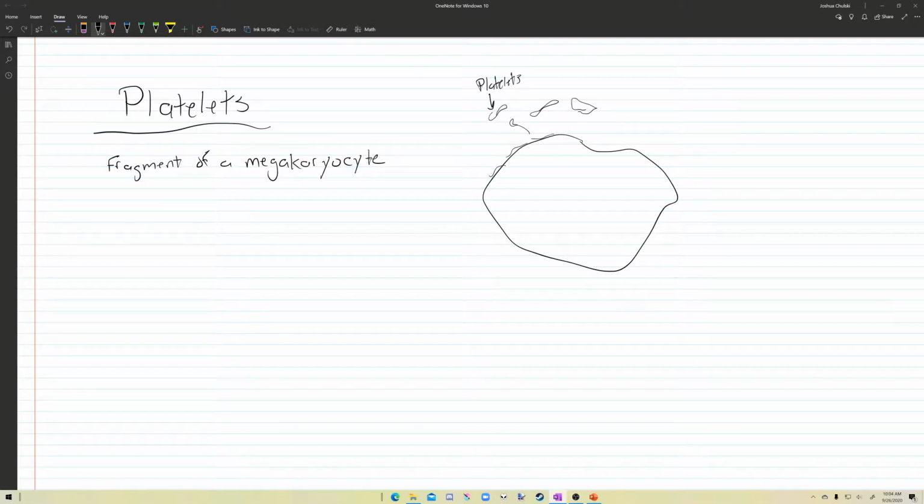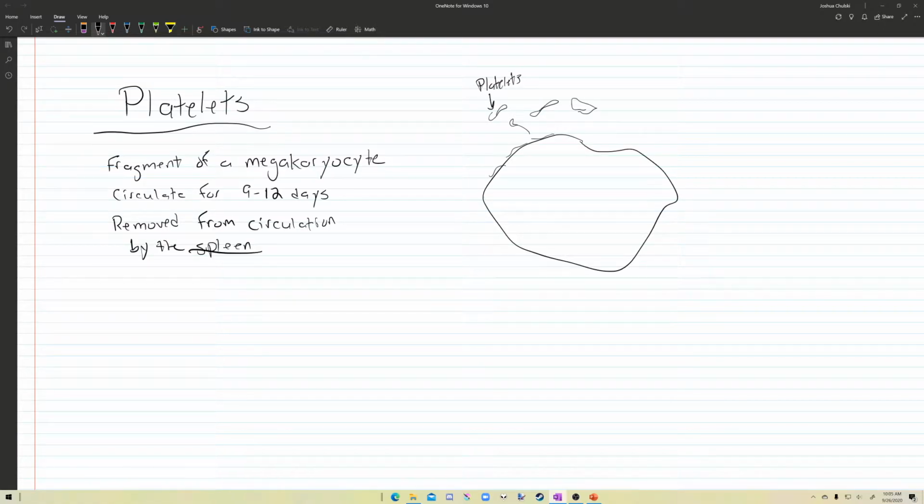They circulate in the blood for about 9 to 12 days. And then they're eventually removed from circulation by the spleen.